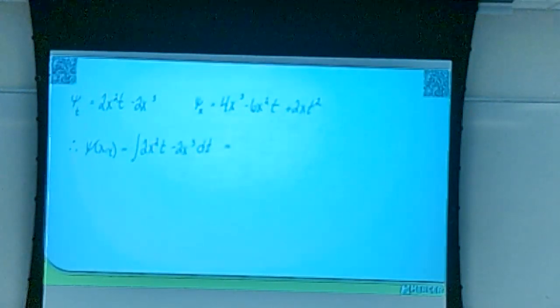What's that antiderivative? x squared t squared minus 2x cubed t plus psi of x. Well, not psi, some function of x, and you always want to use a different representation in this case, right? If you said that was psi, that's implying that's the potential function. So that's what we're using. So just use something different.